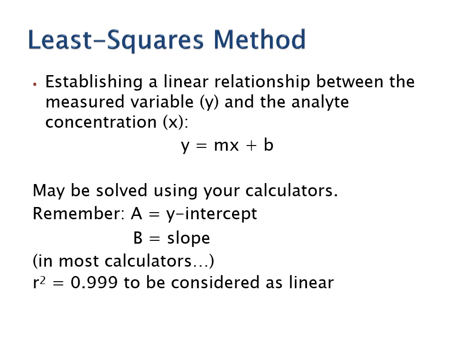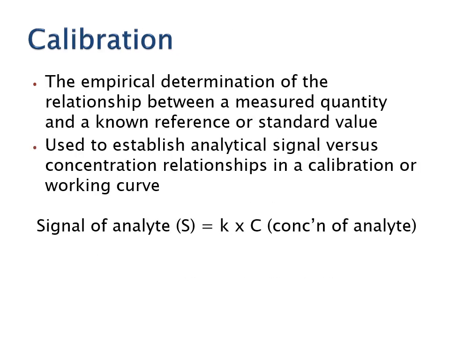So, r squared must be 0.999 or better to be considered as linear. So, calibration is the empirical determination of the relationship between a measured quantity and a known reference or standard value.